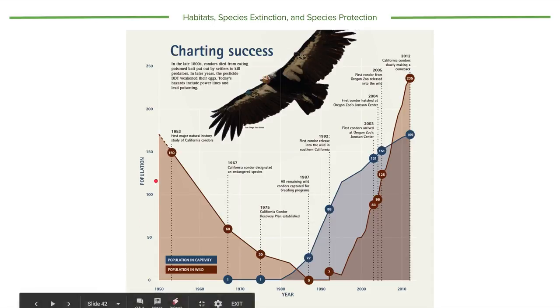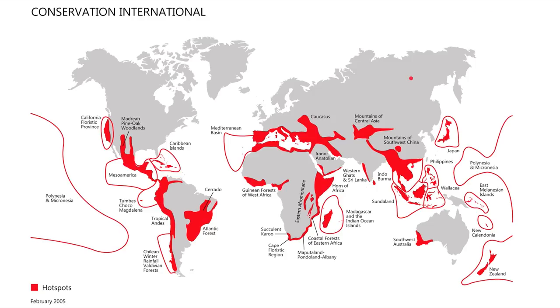You can see in the graph that the population in the wild was very, very limited, and it even went to zero because all the condors were captured and bred under the captive breeding program. Then you can see the increasing number of condors in captivity, and at the same time we are also releasing them to the wild and letting them reproduce in the wild, and you can see the rebound of the condor population.